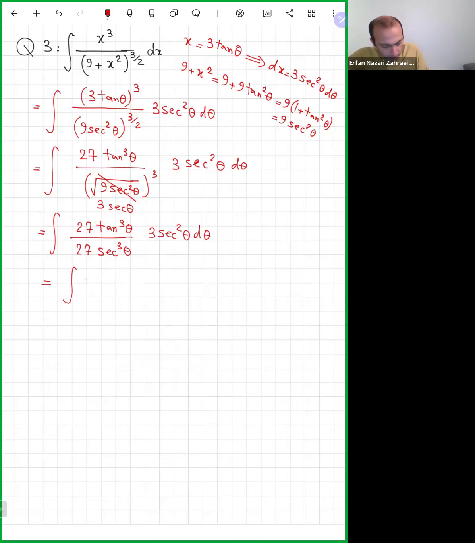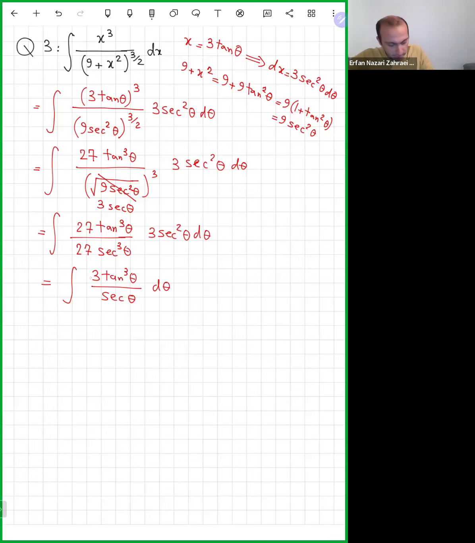Then I have tangent cubed. And simplifying this and this, I have 3 secants in the denominator, 2 secants on top. So in total, 1 secant in the denominator. d theta. That's what I should compute.